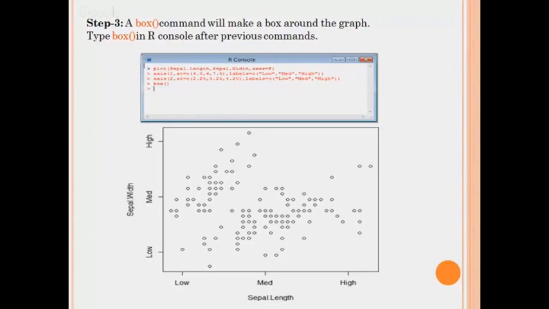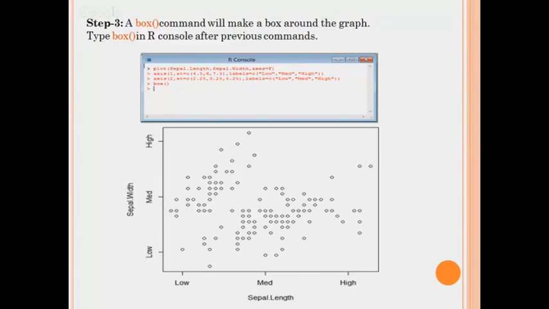Then comes box. Sometimes you need to draw a box around your plot. So for that there is the box function. This box command will be run to draw a square around the plot. Just remember one point.